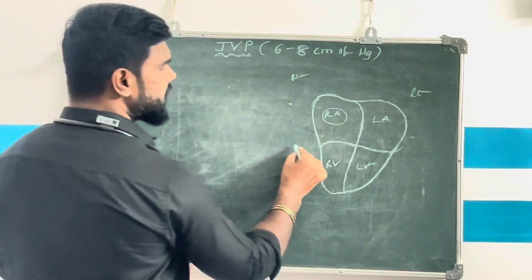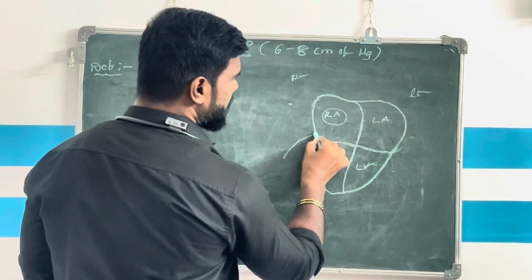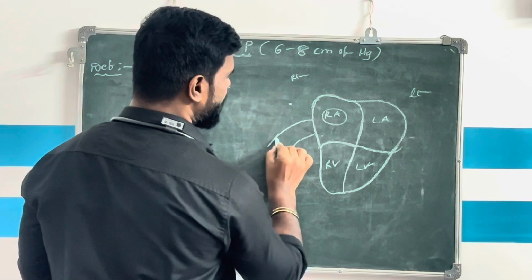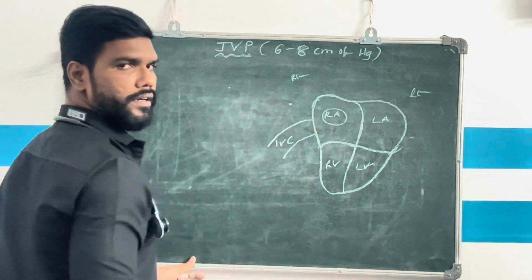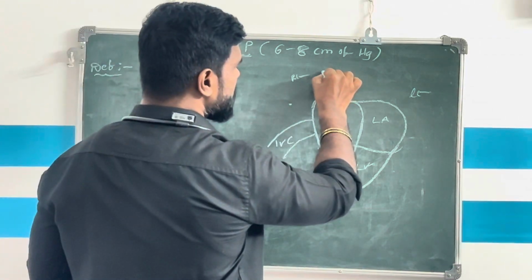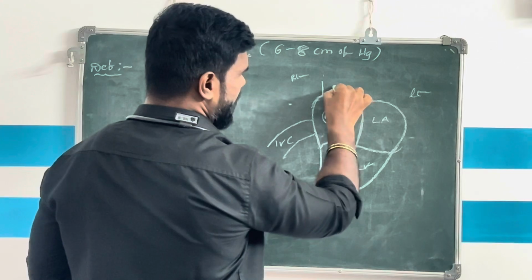The right atria receives deoxygenated blood from the inferior vena cava and the superior vena cava.